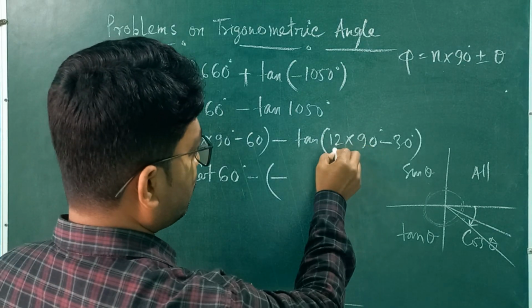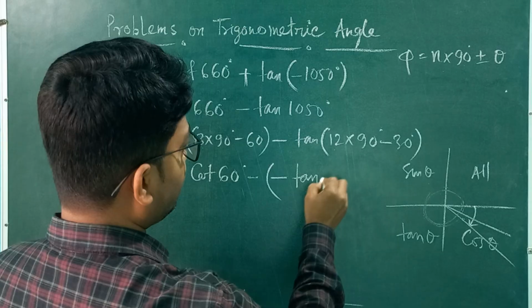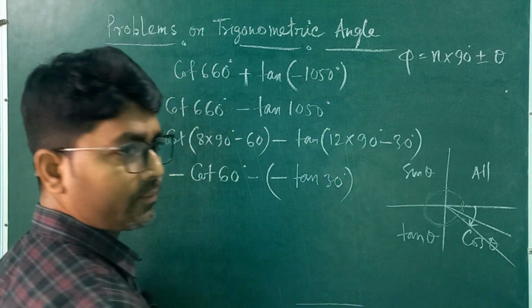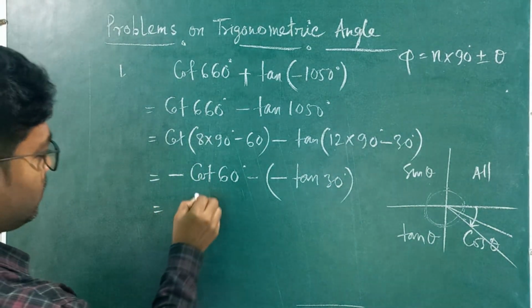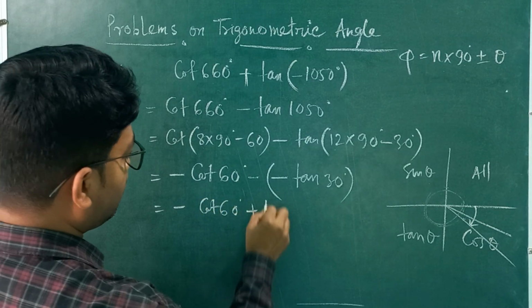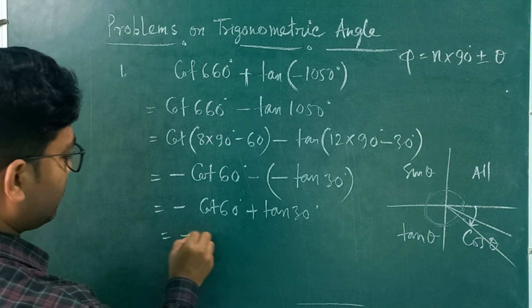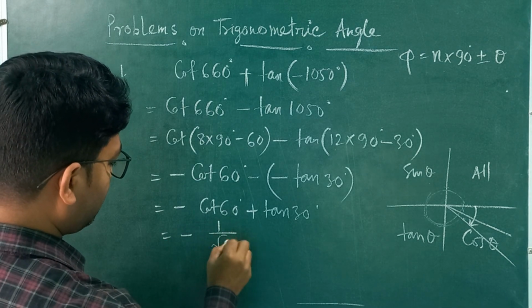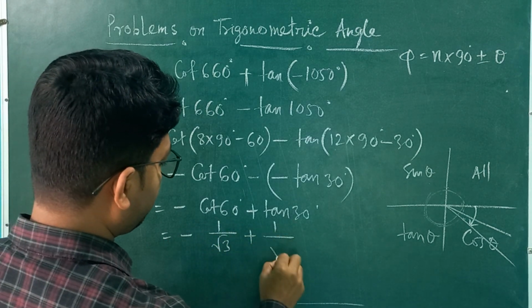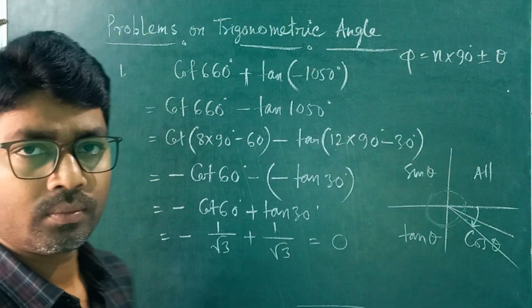And as this one is even multiple of 90, so tan remains tan 30. So these ones are standard angle, cot 60 plus tan 30. Cot 60 means 1 by root 3, tan 30 means 1 by root 3, result is 0.